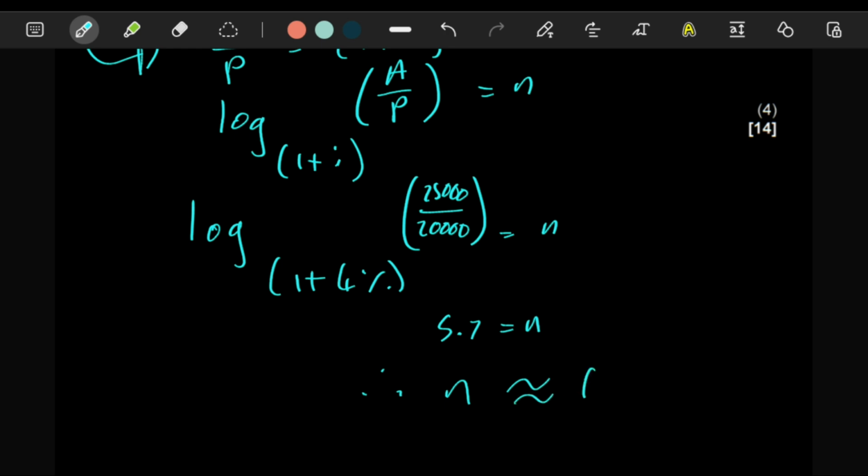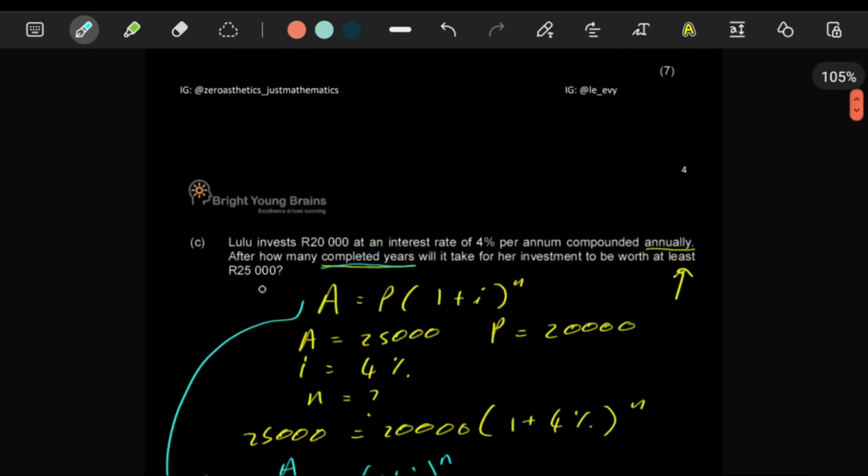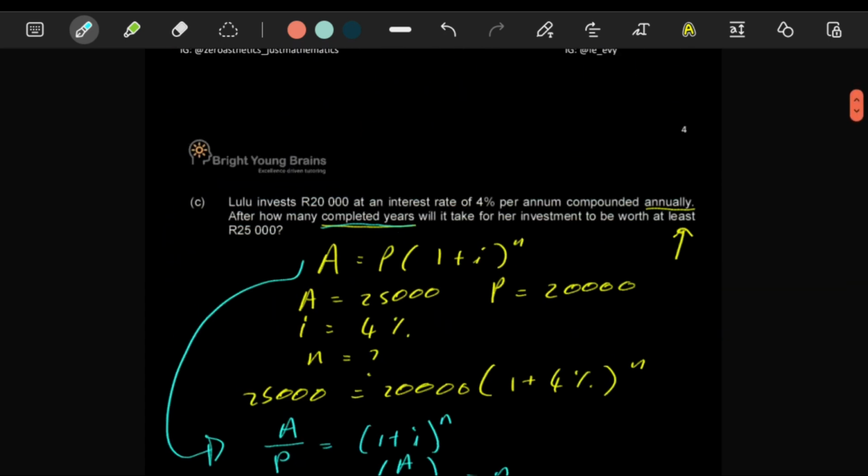n is approximately equal to 6 years, because it would take 6 complete years to get at least 25,000. Obviously, when 6 years fully finish, the person will have more than 25,000, but the question did ask how long will it take for them to get at least 25,000, and they asked how many completed years.